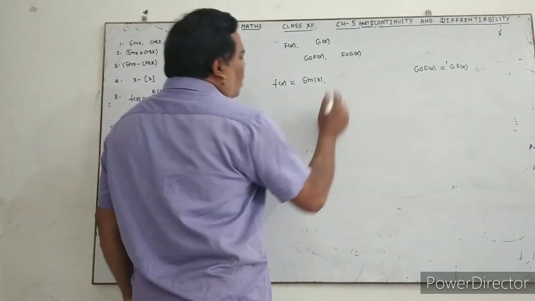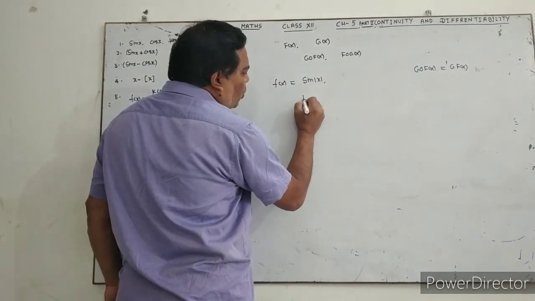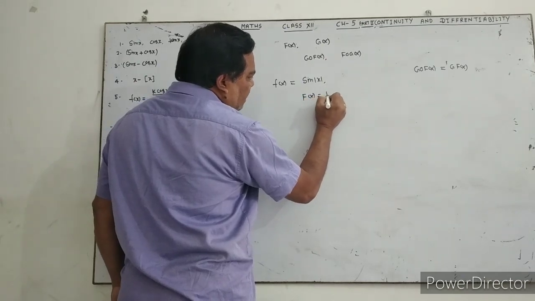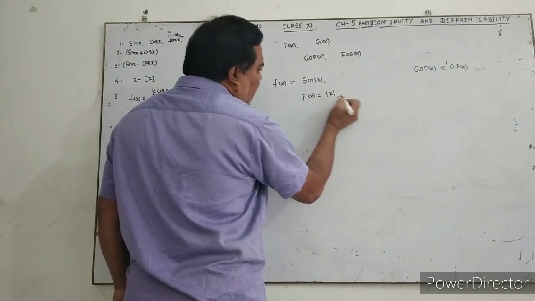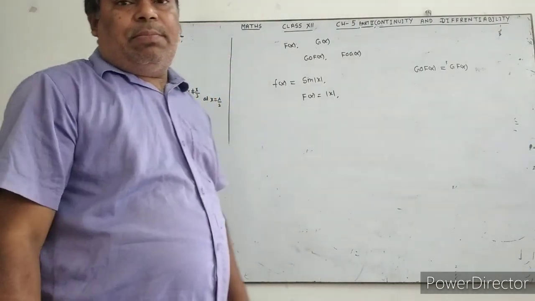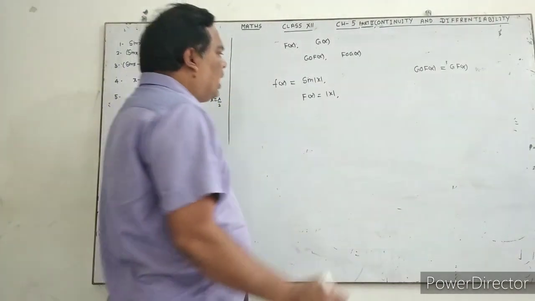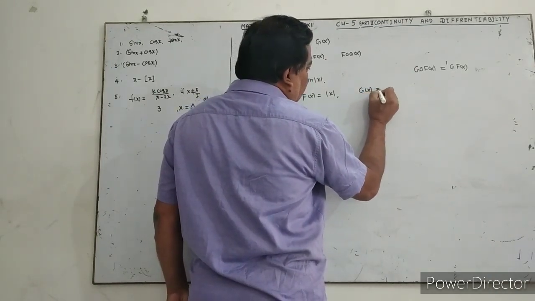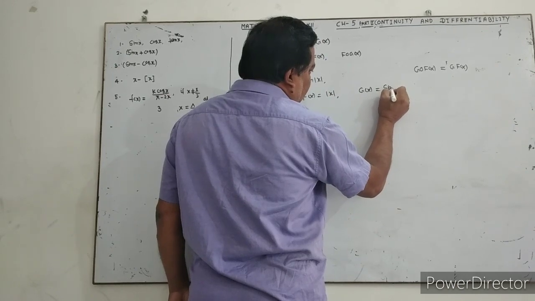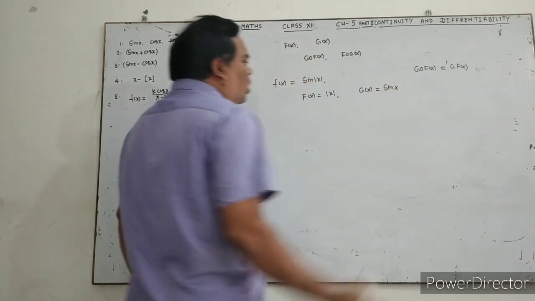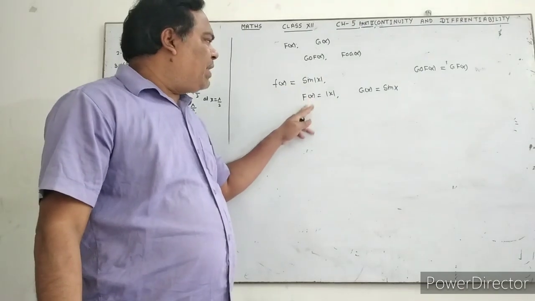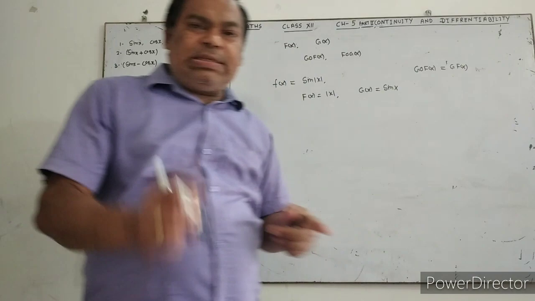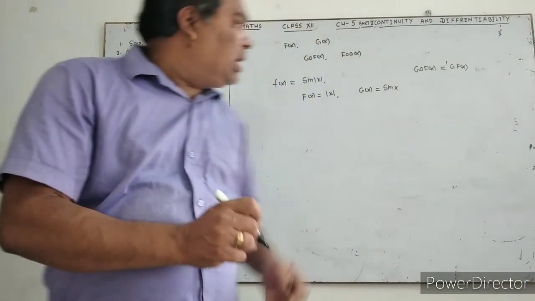Now suppose f(x) is mod x. Mod x is a continuous function. And g(x) is sin x. Then f(x) is mod x, a continuous function, and g(x) is sin x, also a continuous function.